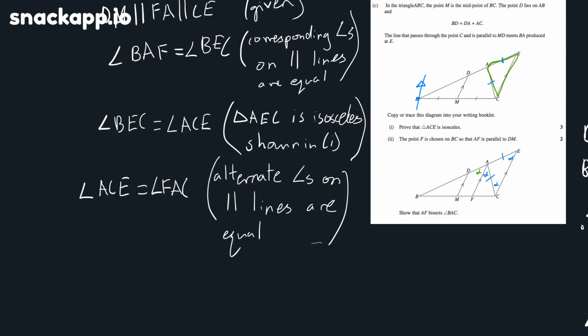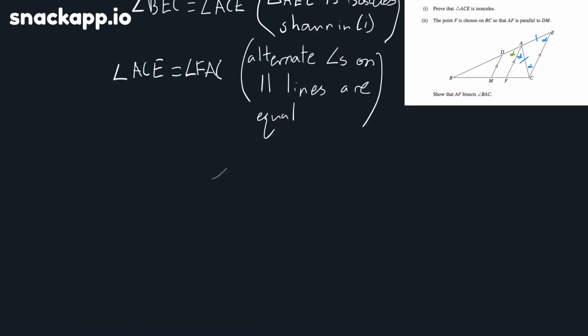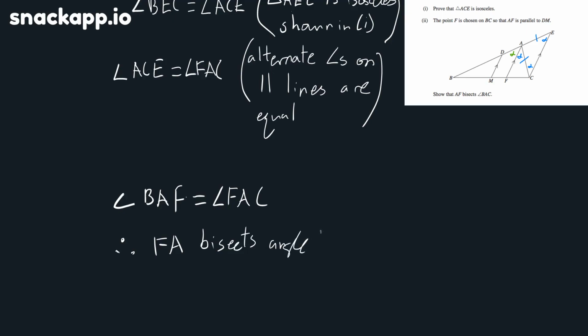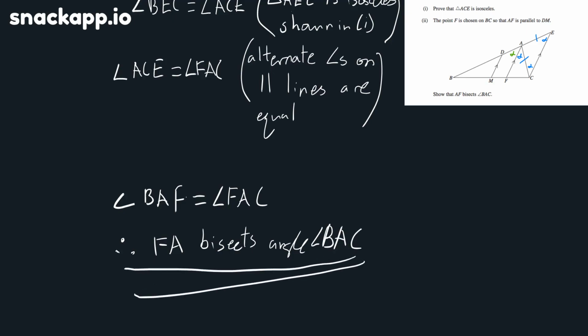And then the clincher is that therefore angle BAF is equal to angle FAC, therefore FA bisects angle BAC. And that is the final question of the 2017 past paper.